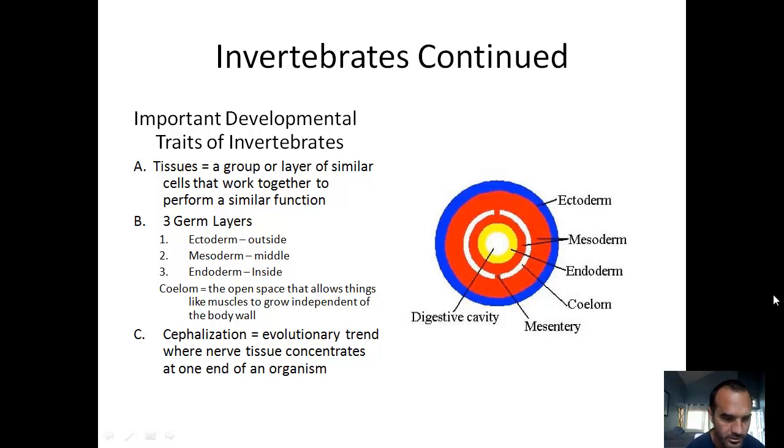Next thing that you get also is called cephalization. So this is the evolutionary trend where nerve tissues concentrate at one end. So you start to see not only specialization within the body of the organism, but at different ends.